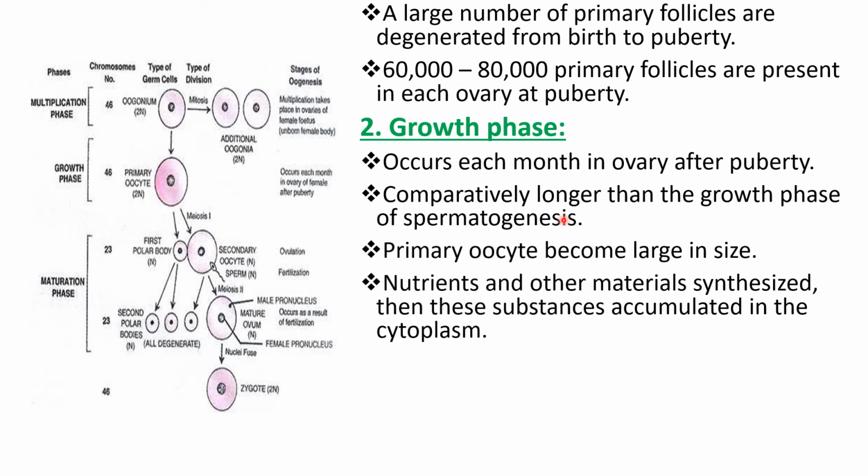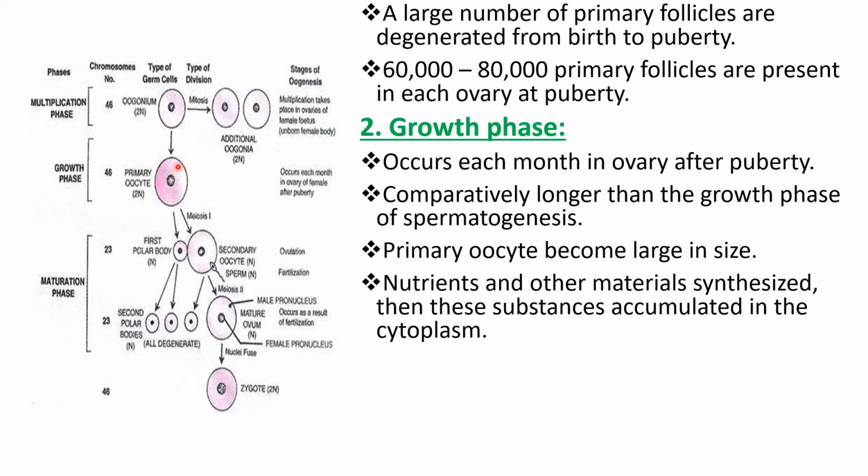Next, the primary oocyte becomes large in size. It is a very important point, which mainly happens under the growth phase. This is the growth phase. These are the primary oocytes. In the growth phase, we can observe the enlargement of the primary oocyte. It becomes large in size.